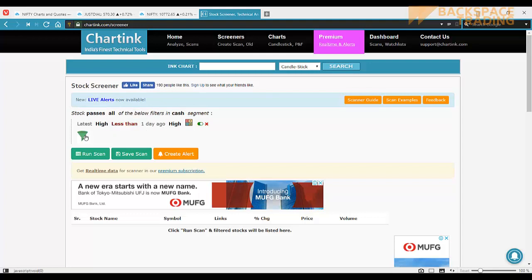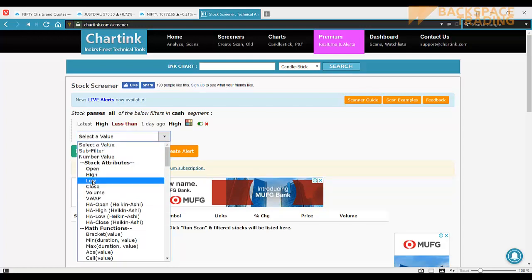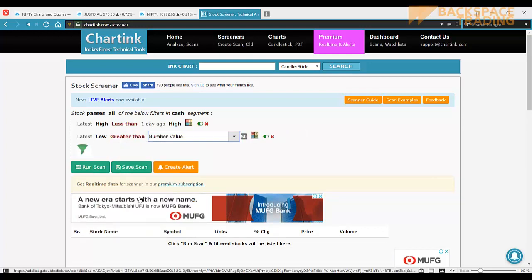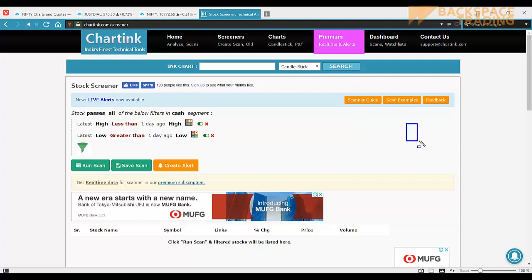Clicking the green funnel again, I'm picking the low: today's low has to be greater than yesterday's low, right? Understand? This is your today's candle. This high has to be lower than this candle's high.